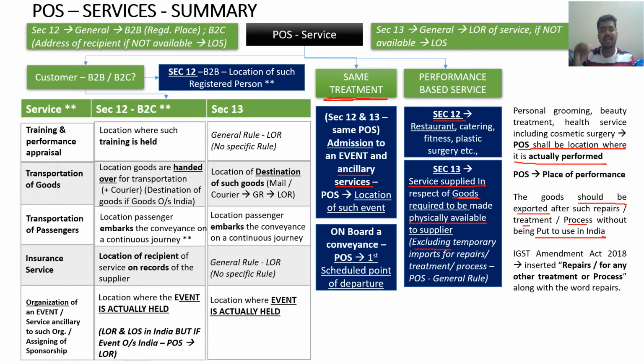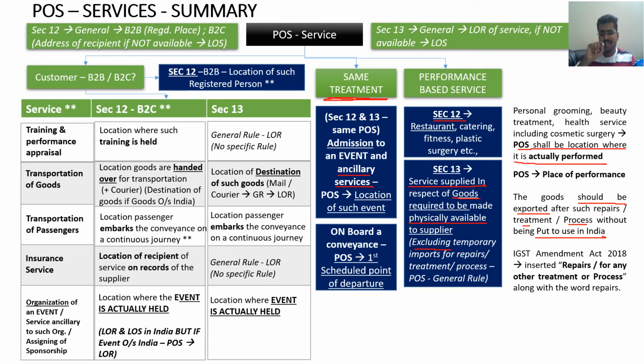What does this mean? General rule will apply. What is the general rule? Location of the recipient. What is the location of recipient in our case? Germany. So the moment the place of supply goes outside India, you can claim export of service benefit because you will meet the condition of POS outside India for export of service. Assuming other conditions are satisfied, you will be able to enjoy this zero rating benefit for export of service.